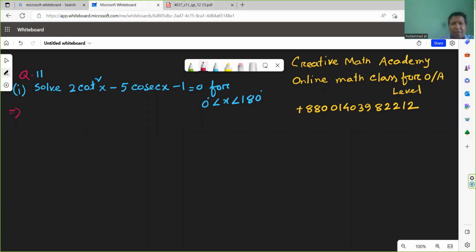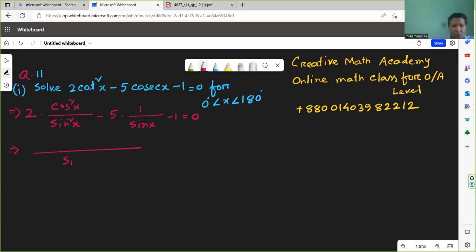There are several rules, but we try the easy one. Cot square x means we can write cos square x by sine square x, minus 5 cosec x means 1 by sine x, minus 1 equals 0. After that, we will do the LCM.